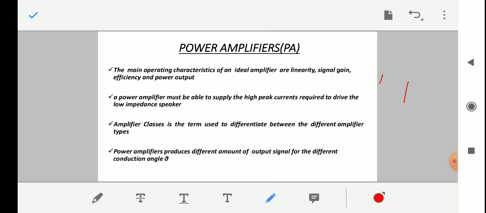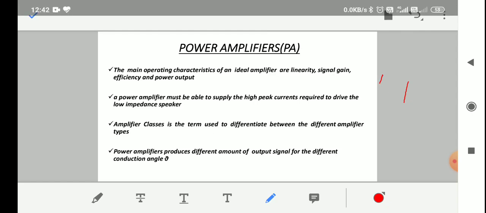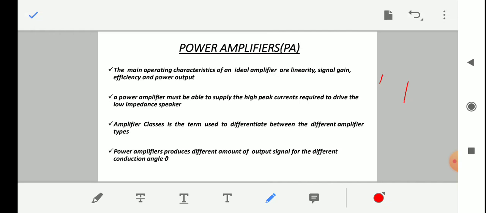So, a bipolar junction transistor can act as an amplifier if it is properly biased. Properly biased means the base emitter junction is in forward bias and the collector base junction is in reverse bias.